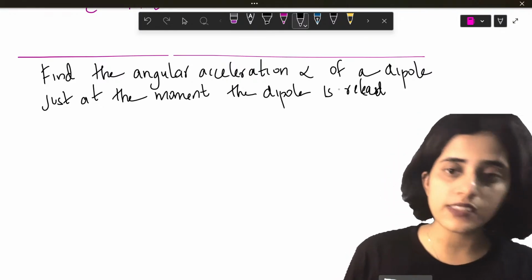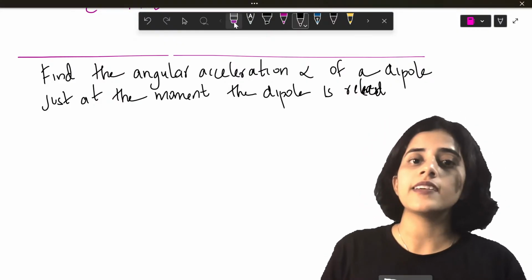Okay, just at the moment the dipole is released.